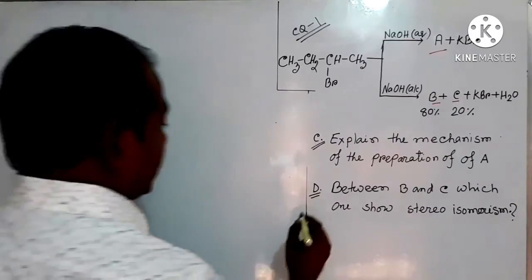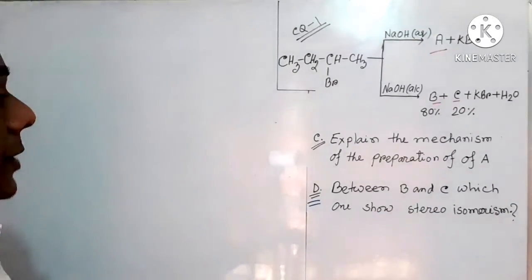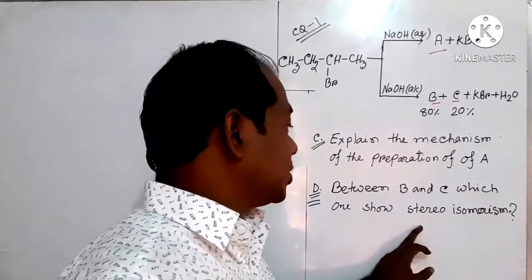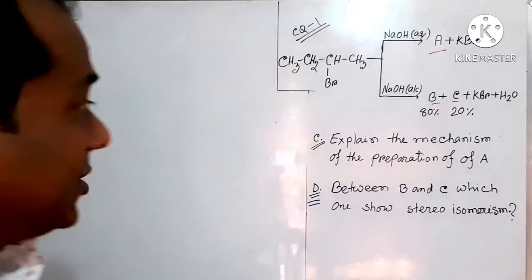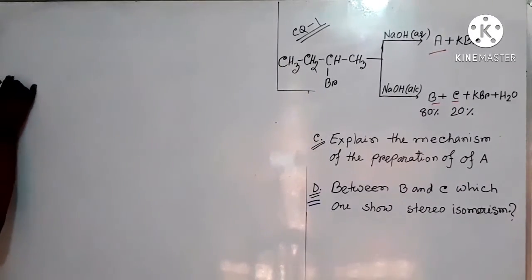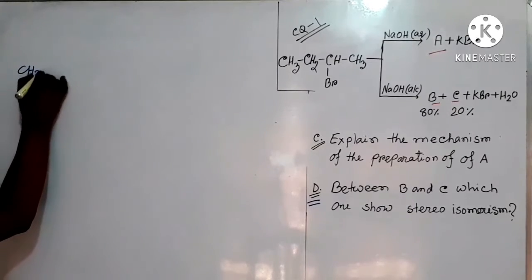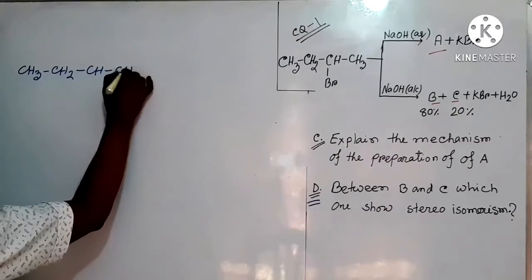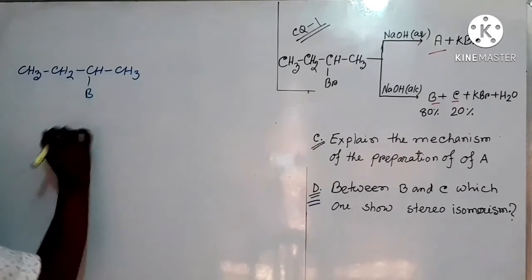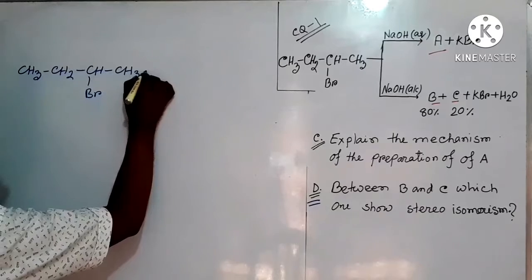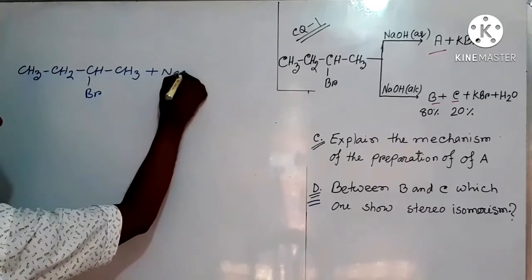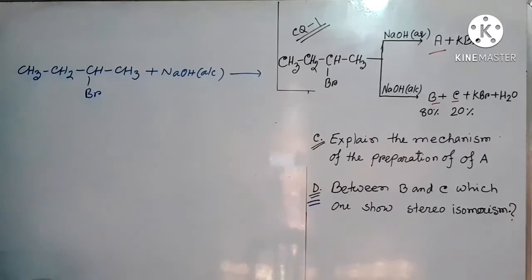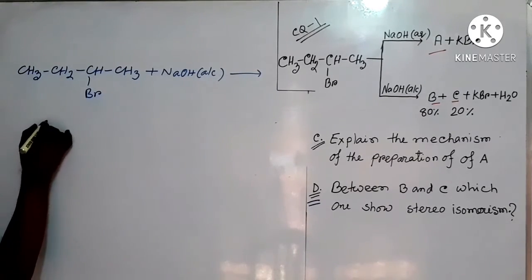In the next question, between B and C, which one shows stereoisomerism? If we see the reaction CH3CH2CHBrCH3, if it reacts with alcoholic sodium hydroxide, then we get two products.